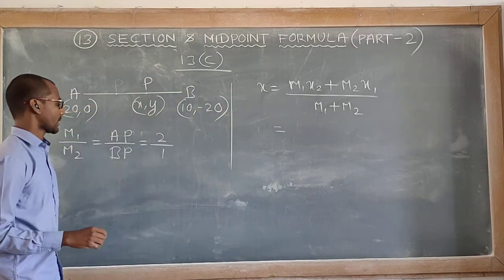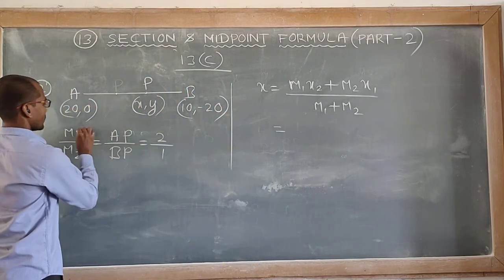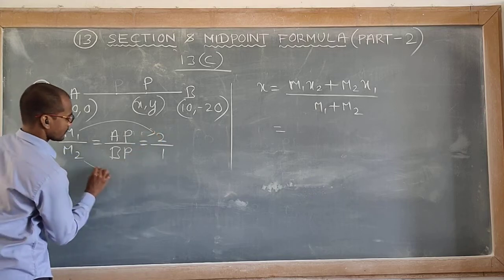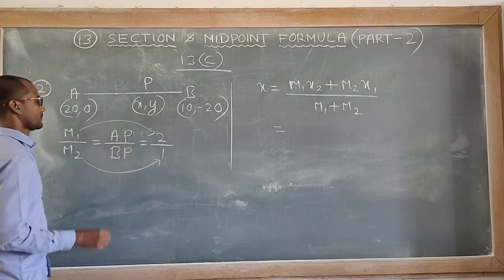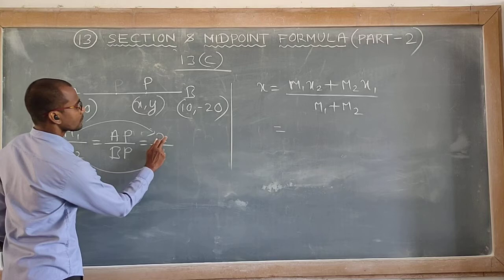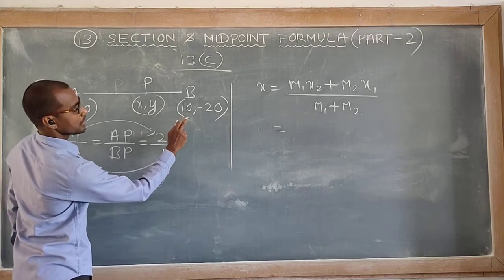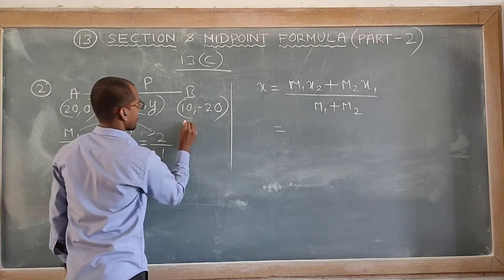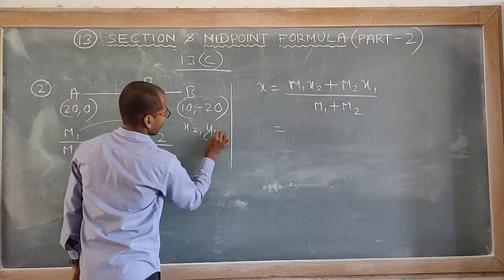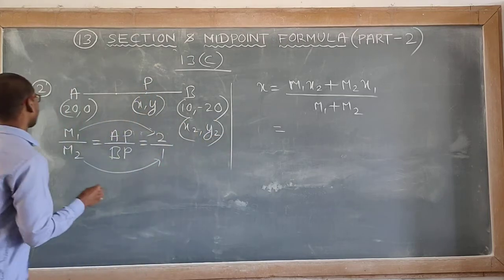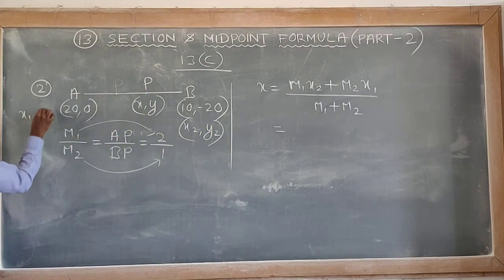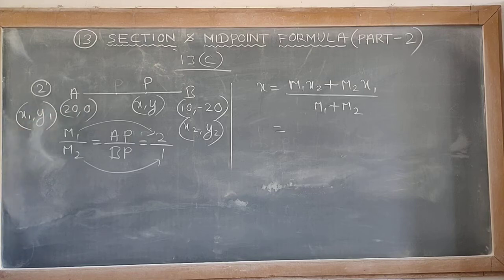Now what is m1 into x2? m1 is 2, m2 is 1.